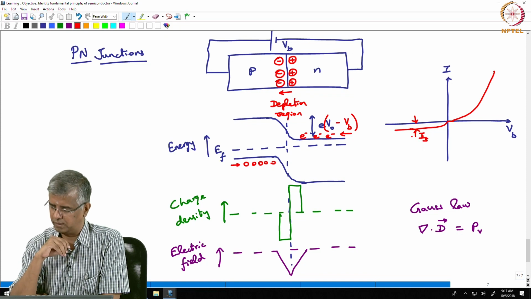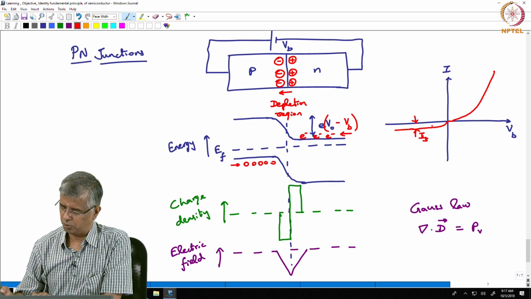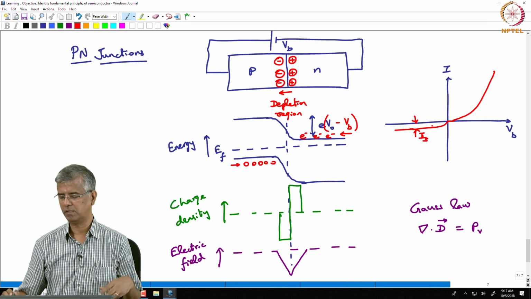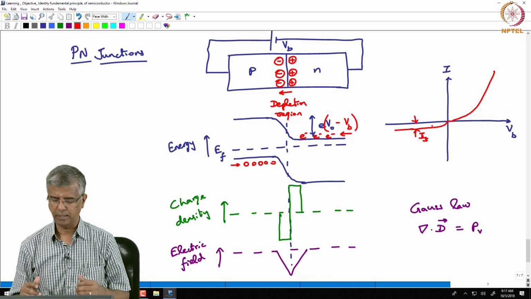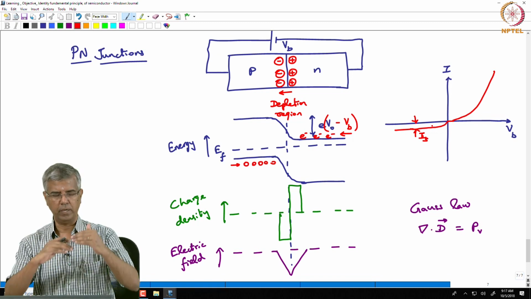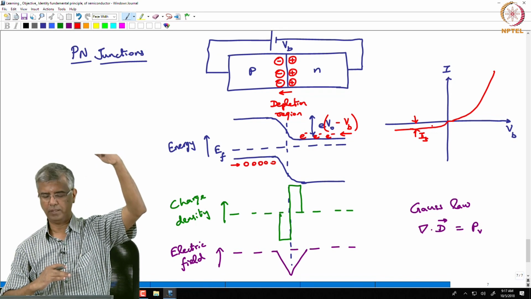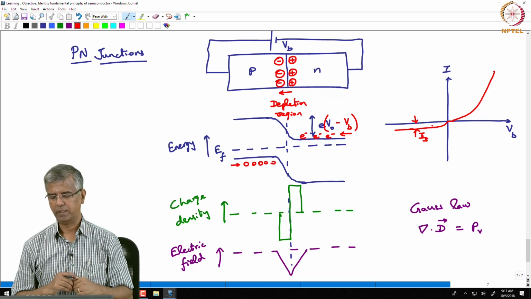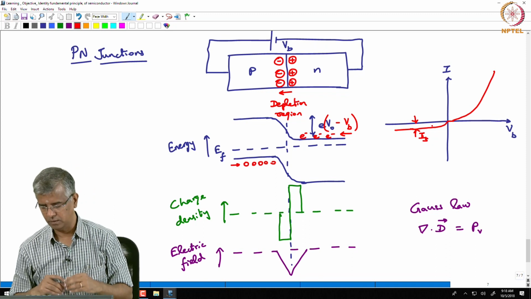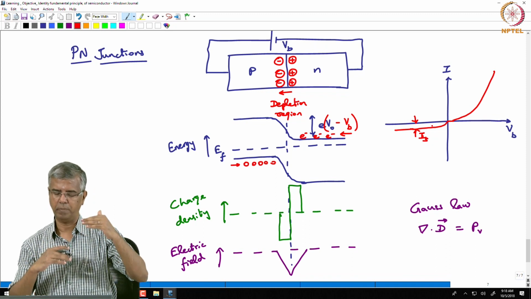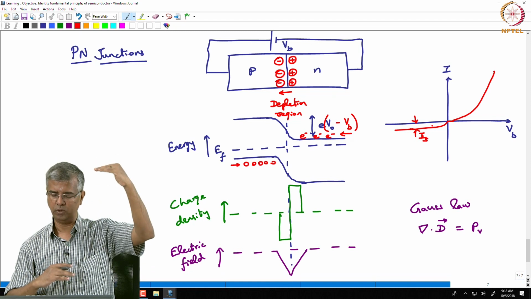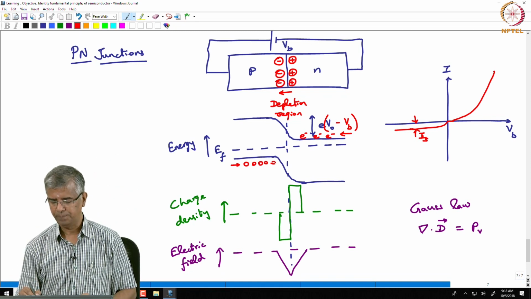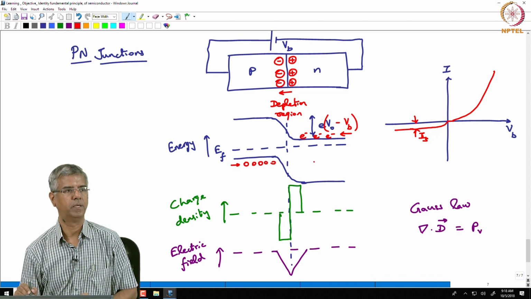And of course, if you keep increasing that reverse potential, then these two layers keep going further and further apart. I mean, the conduction band on either side is going further and further apart, so that you may start seeing tunneling phenomena happen.